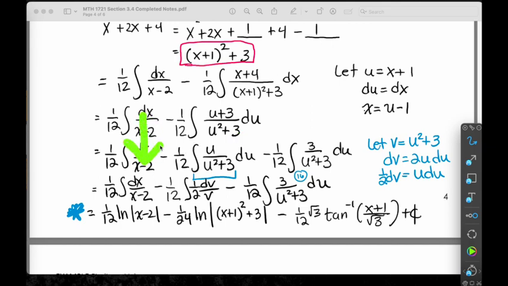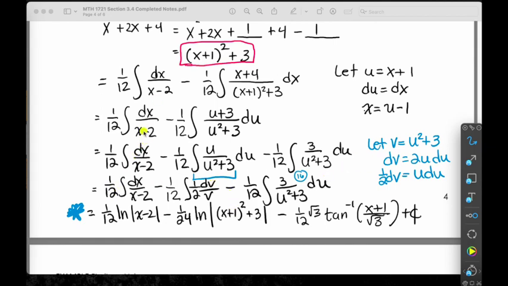Again, I'm just bringing this down. Then I'm splitting this up into 2 separate integrals. And I'm going to have to use u substitution again on this middle integral. So here's my u substitution for that middle integral. This time I'm using v for my substitution so I don't get my u's mixed up.